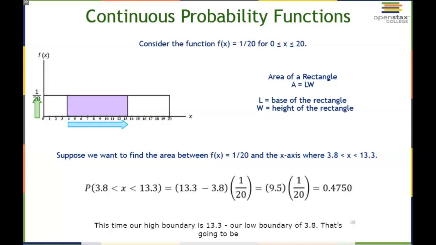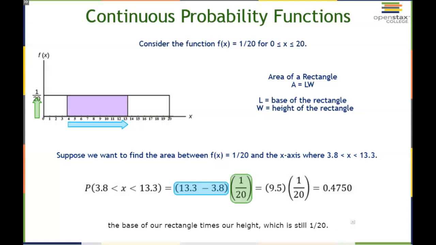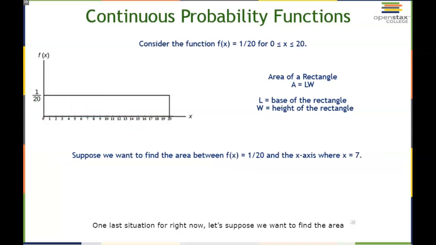This time, our high boundary is 13.3 minus our low boundary of 3.8. That's going to be the base of our rectangle, times our height, which is still 1/20th. We get 9.5 times 1/20th. Throw that into a calculator. You get the probability that x is between 3.8 and 13.3 is 0.4750.